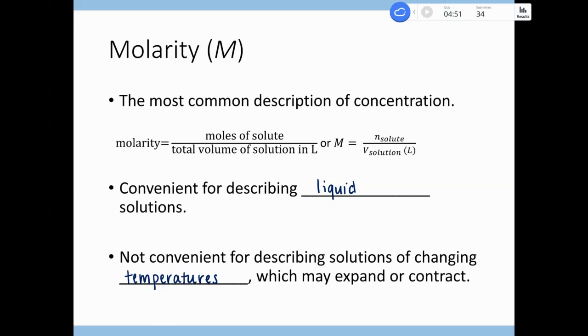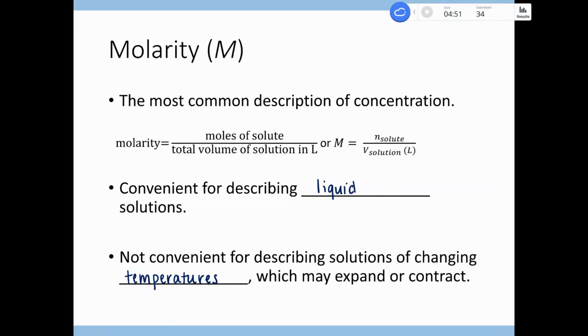When the temperature of a liquid changes, let's say it's increasing, those molecules are gaining energy, and that liquid can expand and then occupy a larger volume. So the denominator, the volume of the solution, will increase, but you're not actually increasing the amount of molecules present, just the space between the molecules.